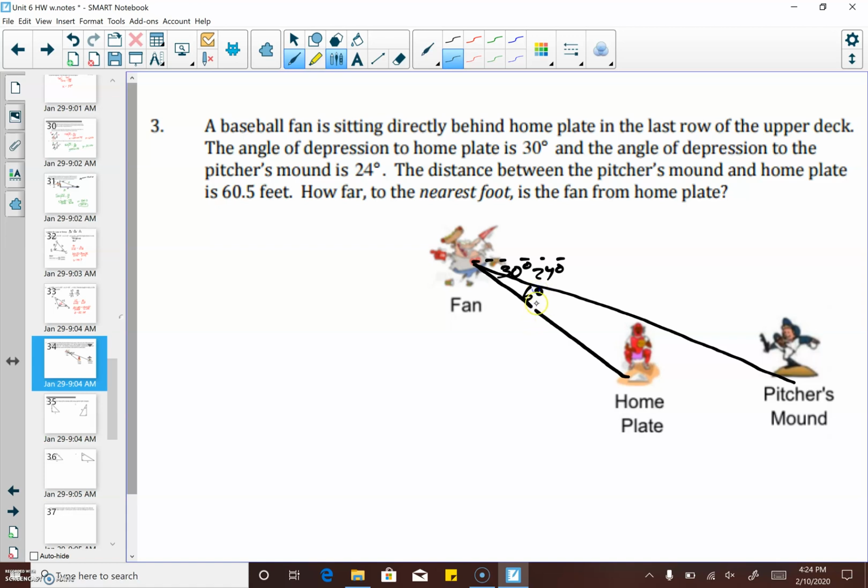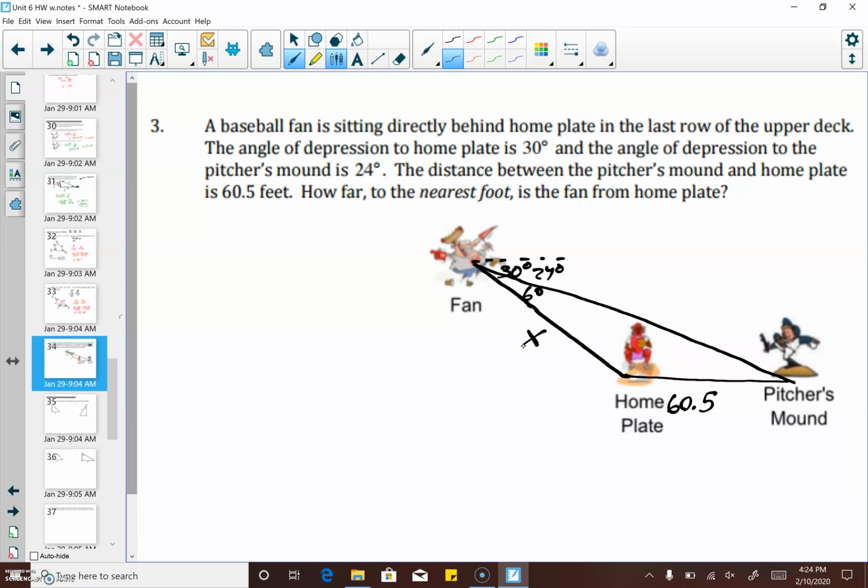So 6 degrees. It tells us the distance from home plate to the pitcher's mound is 60.5 feet. They want to know how far to the nearest foot the fan is from home plate, so we want to find that side right there.